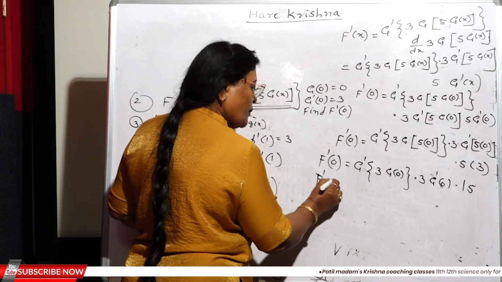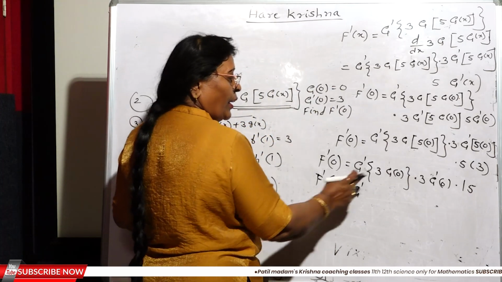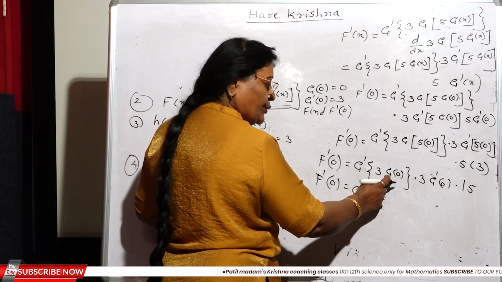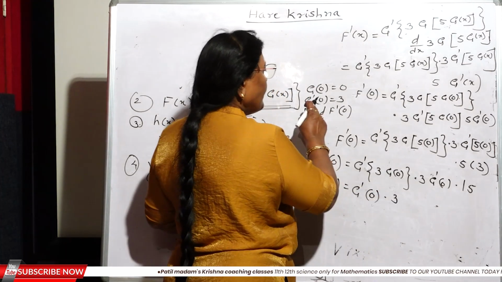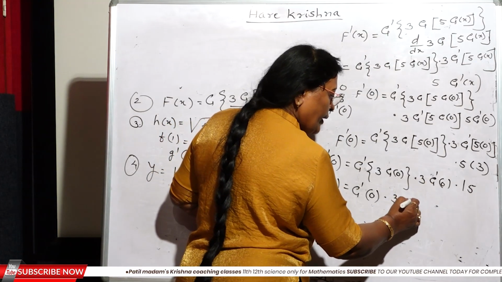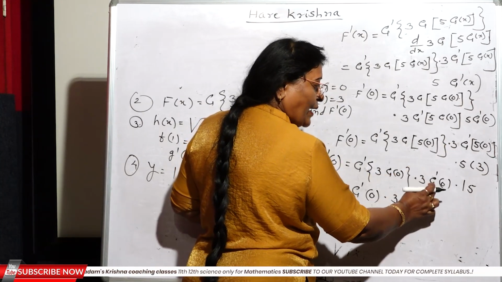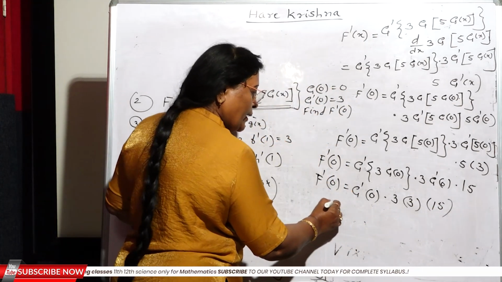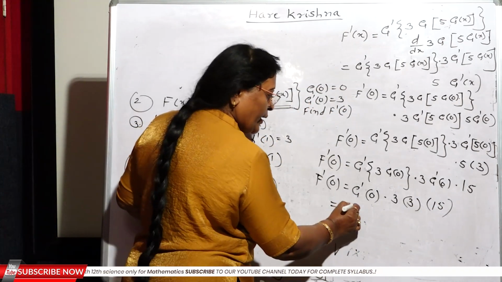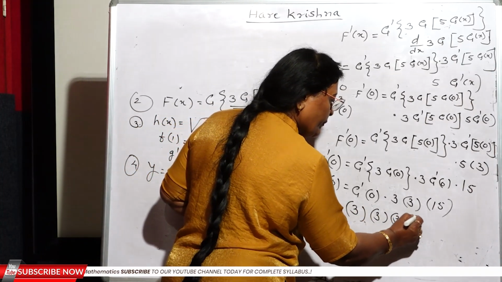Now f dash 0, here again g dash, g of 0 is again 0, 0 into 3 you have got 0, again 3 g dash 0, that is equal to 3, right? This 3 remains as it is, but g dash 0 is again 3, and this 15 remains as it is. Again g dash 0 is 3, so 3 into 3 into 3 into 5, right?